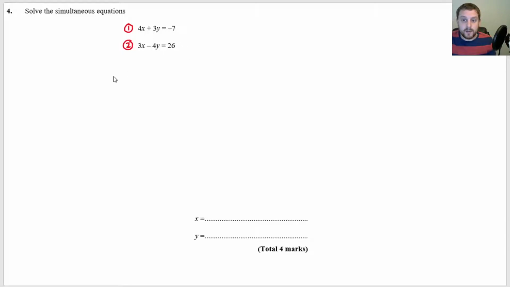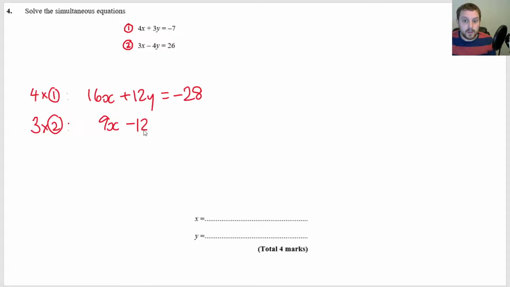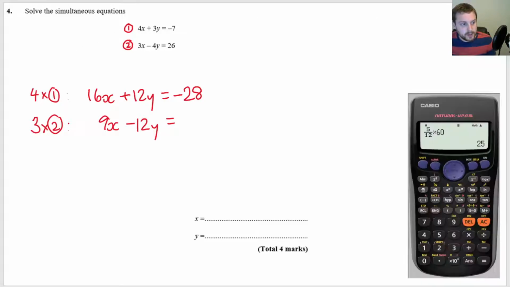I'm going to times the first one by 4, so I'll do 4 times equation 1, and that will be 16x plus 12y is minus 28. And I'll do 3 times equation 2, so I'll have 9x minus 12y, and 3 times 26 is 78, using the calculator.